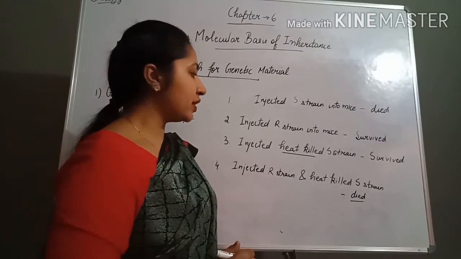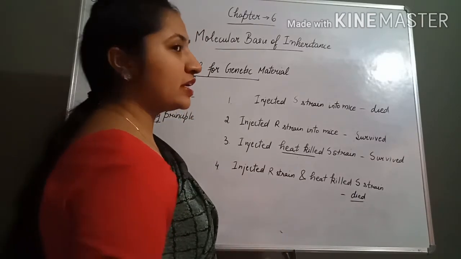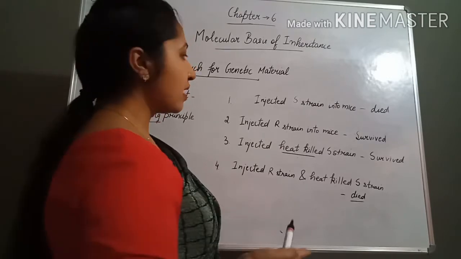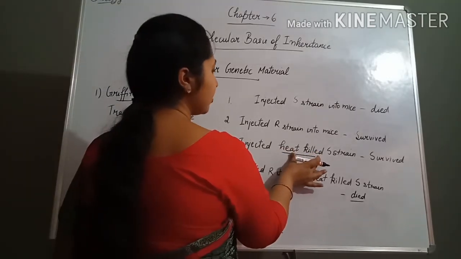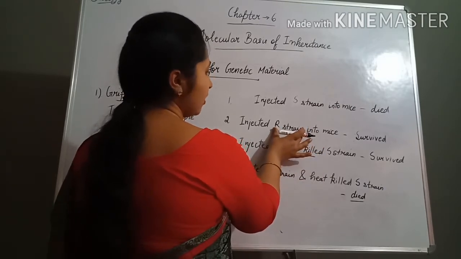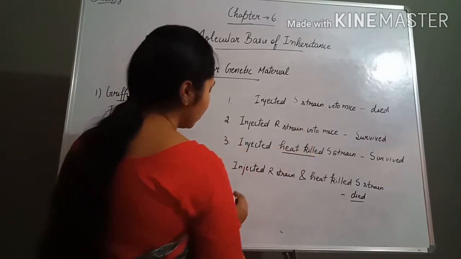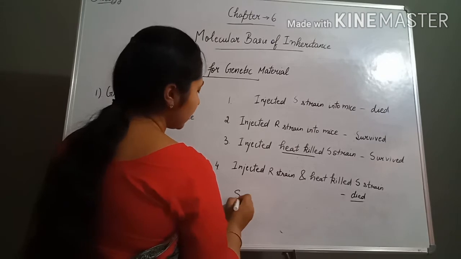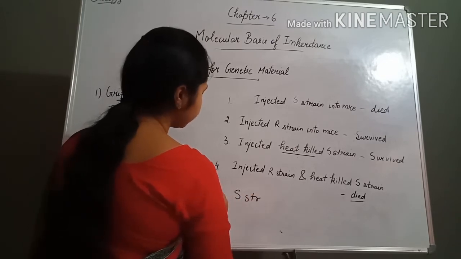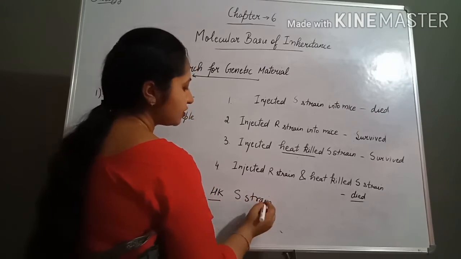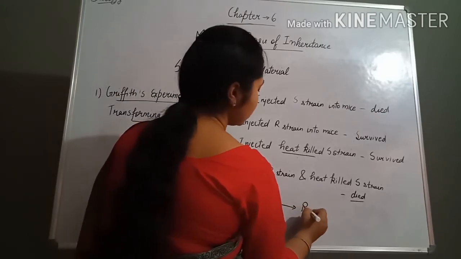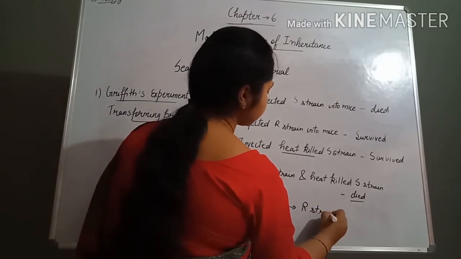So he concluded that some transforming agent is there, meaning something was transformed from the heat killed S strain into the R strain of the bacteria.